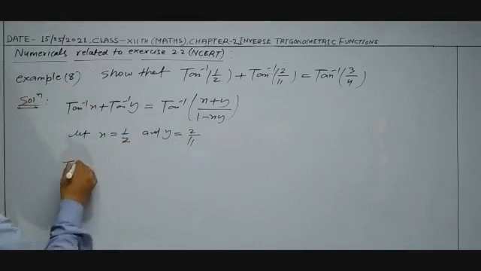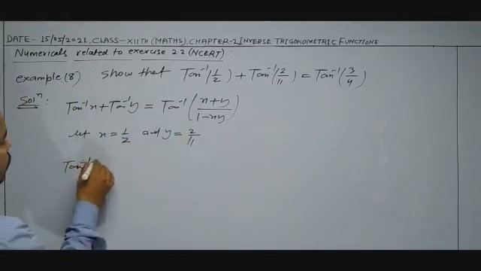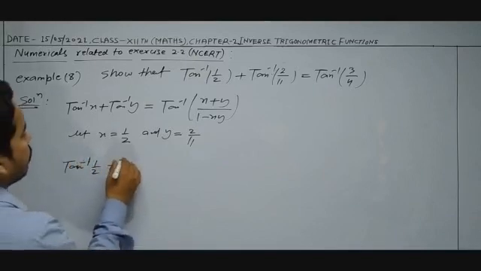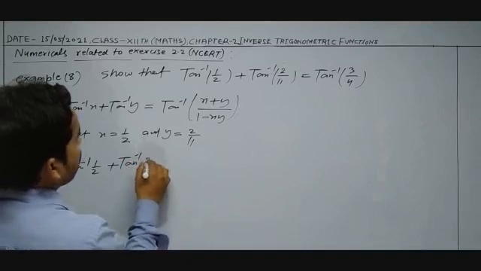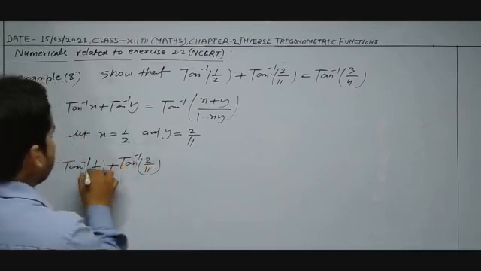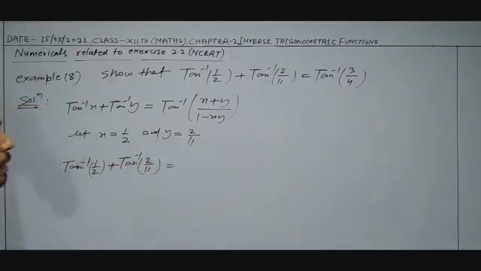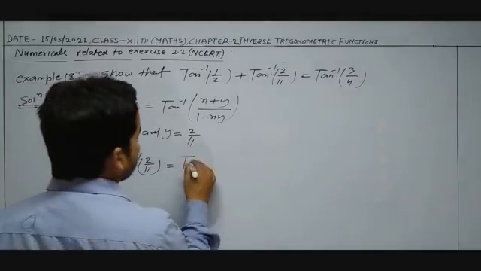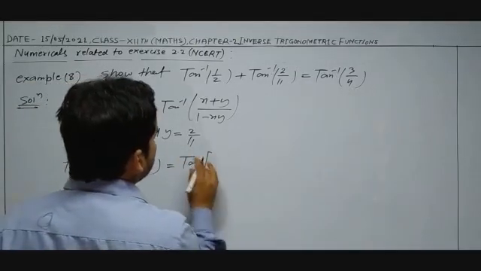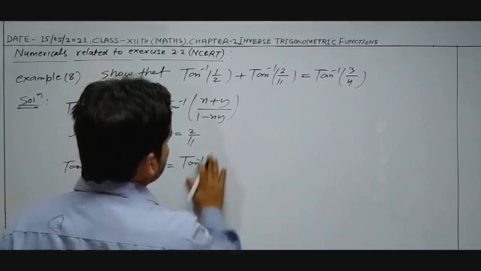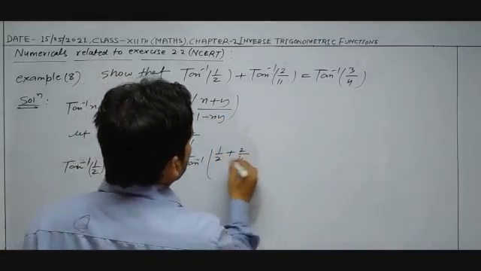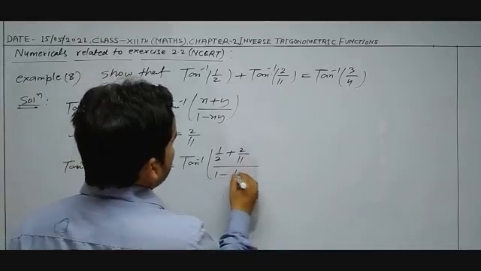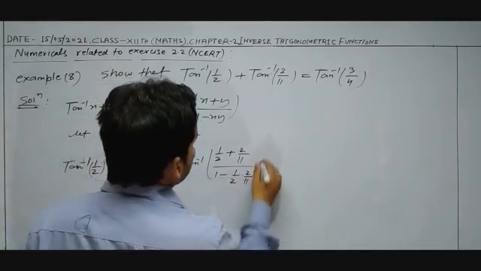Then tan inverse 1 by 2 plus tan inverse 2 by 11 can be written as tan inverse of 1 by 2 plus 2 by 11 whole upon 1 minus 1 by 2 into 2 by 11.